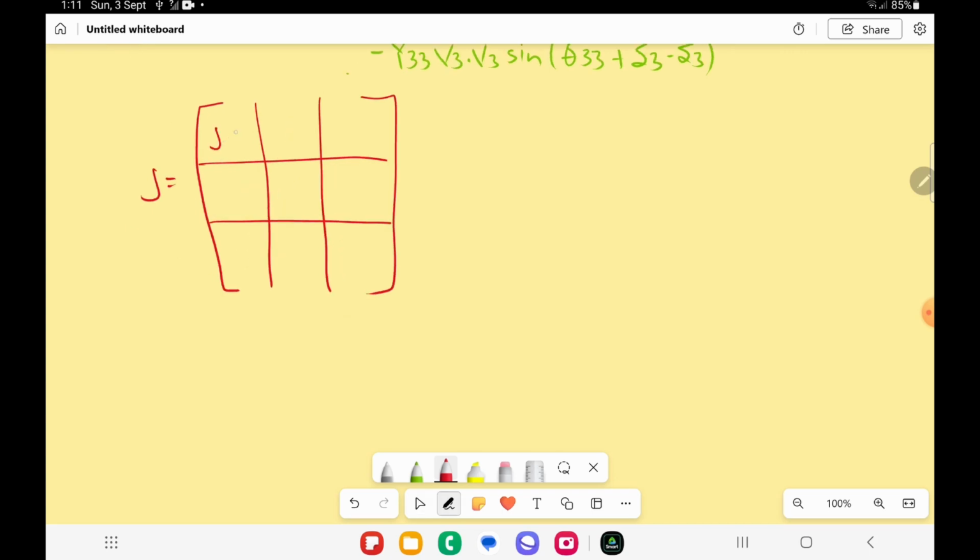So this is J11, J12, J13, J21, J22, J23, J31, J32, and J33.